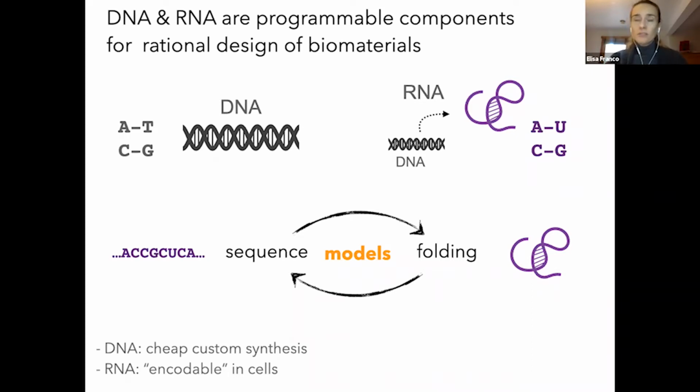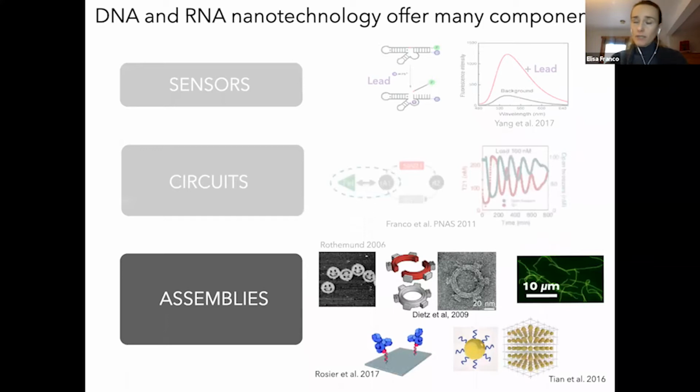Now let's go into the detail of what I'm going to present to you today. So I'm going to start by telling you about a particular class of assemblies. So here I showed you a picture where there are many different kinds, from a few nanometers to tens of microns. You can make even crystals out of DNA that are 100 microns in size.